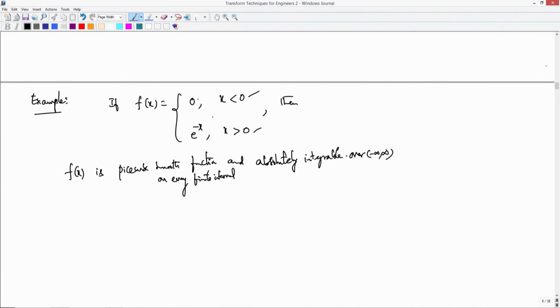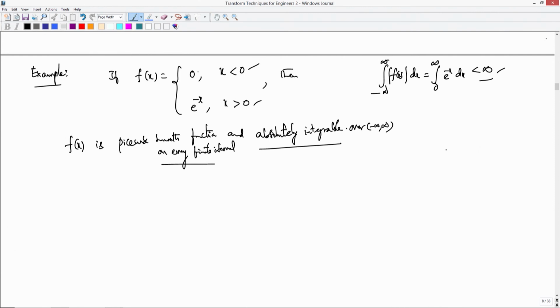So it is going to be a jump of 1. It is also absolutely integrable over the full real line, because the integral from minus infinity to infinity of f of x dx is equal to the integral from 0 to infinity of e power minus x dx, which is finite. That is why it is absolutely integrable.